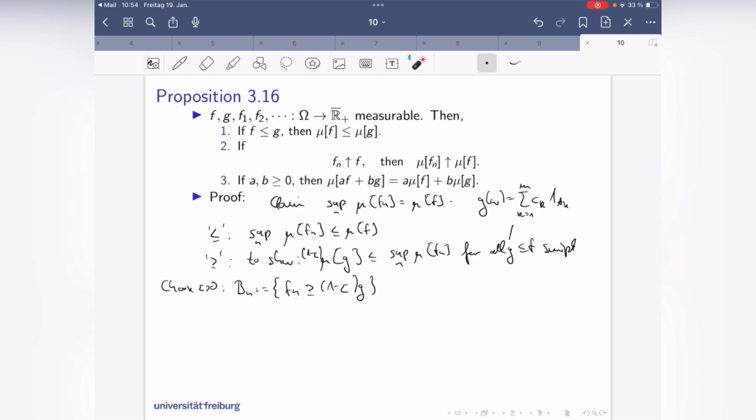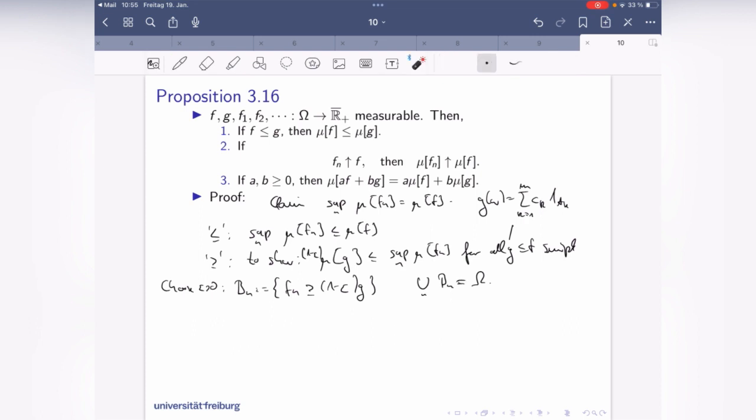And that means that this set here, for all epsilon, increases to omega. Wait a moment. It does not need to increase because I have no control over the f_n's, but it converges. Well, what does it mean to converge here? What I mean is that the union over all n of the B_n is my omega.